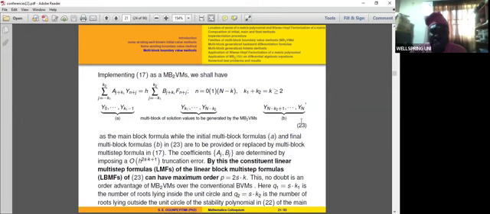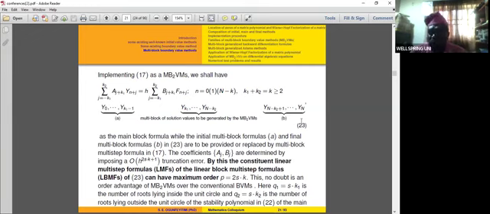This is no doubt an order advantage of multi-block boundary value method over conventional boundary value method. In boundary value method, the order is 2k. While in the case of multi-block boundary value method, the order is 2sk, where s is greater than or equal to 2. It can be 2, it can be 3, it can be 4, it can be 5.